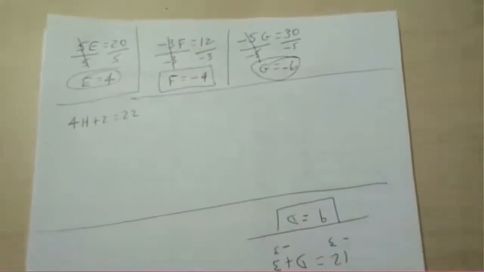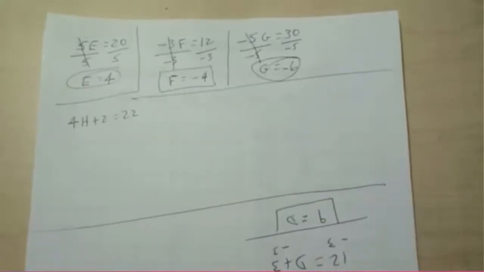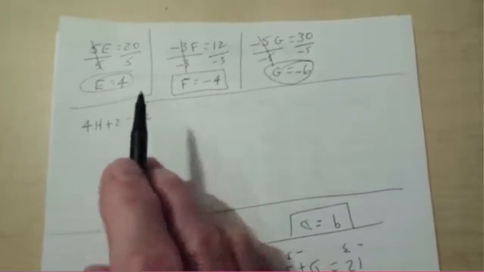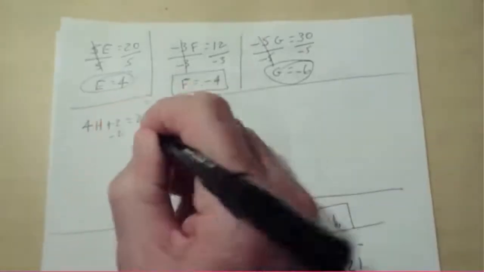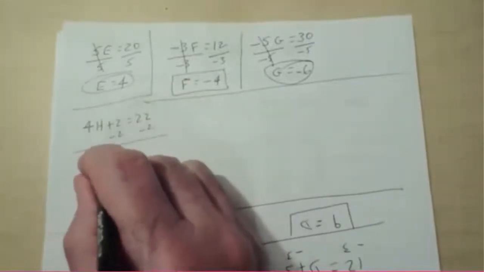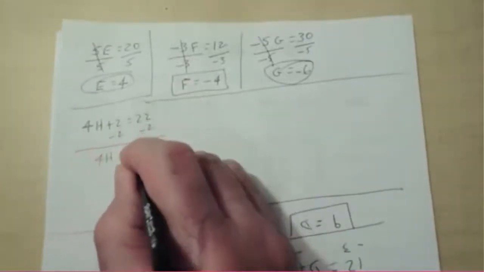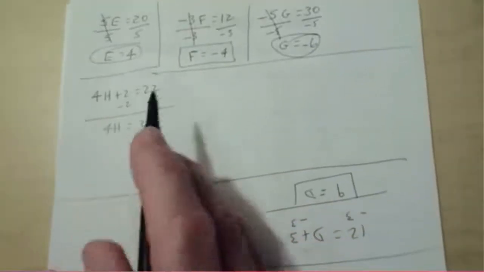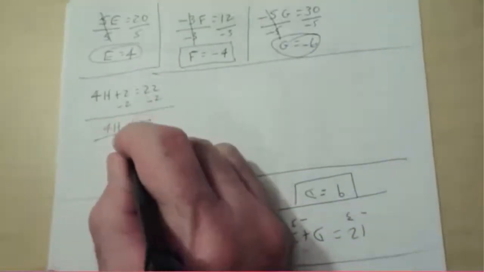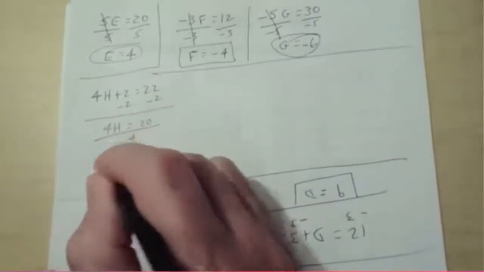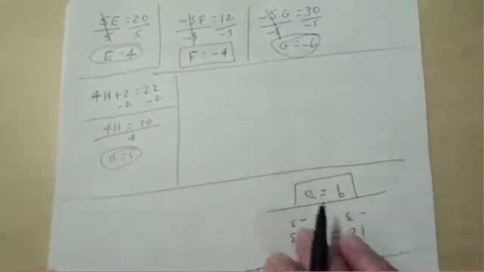Now again, we're going to get rid of the addition subtraction first, then the multiplication division. So we're going to subtract 2 from each side. We're going to get rid of addition subtraction first. We get 4h equals 20. Okay, now we have multiplication here, so we're going to divide everything by 4. h is 5. Right? Right.